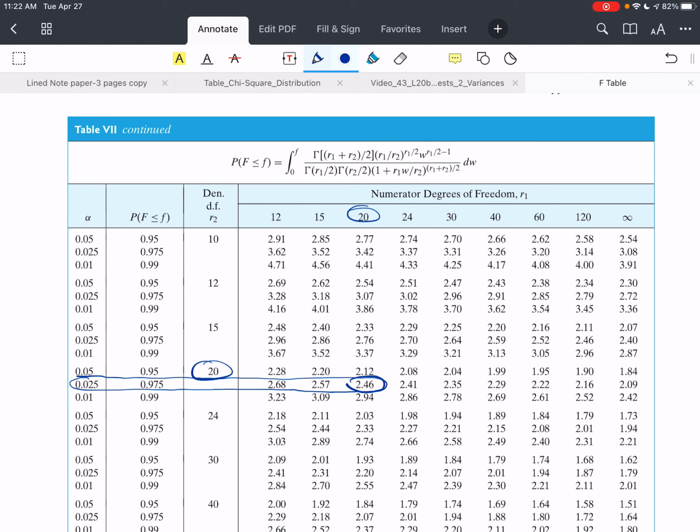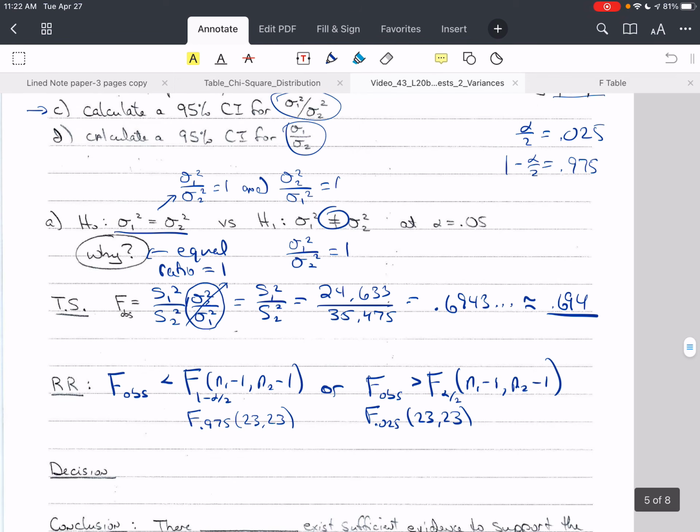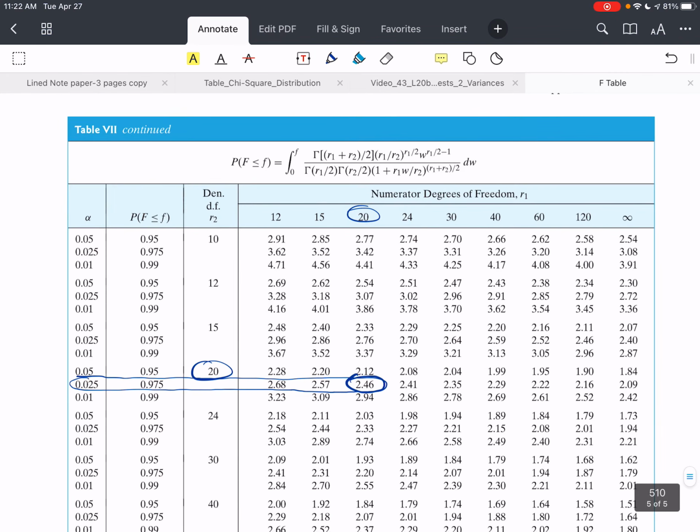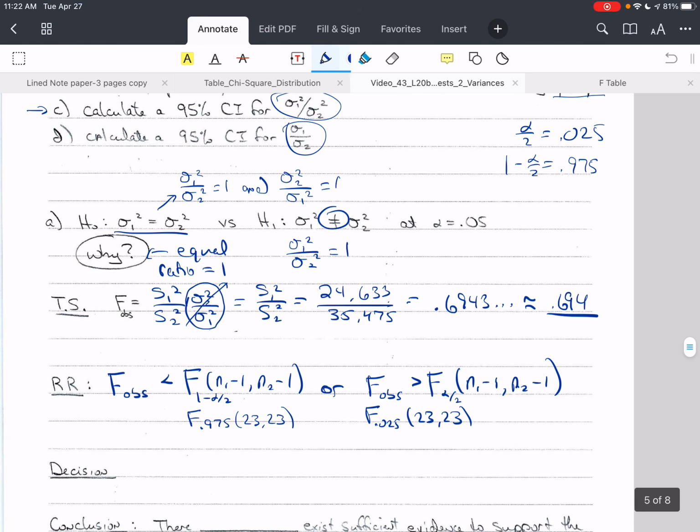So this is the value we're going to use. This is going to be F of 0.025, 23, 23. That's what we're going to substitute for it. So 0.025, we have this value, and it's 2.46. So F observed, which is 0.694, greater than that, that's not true.